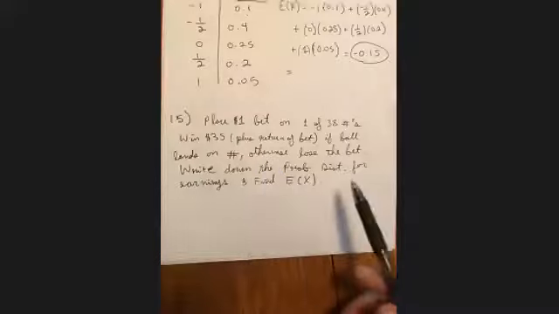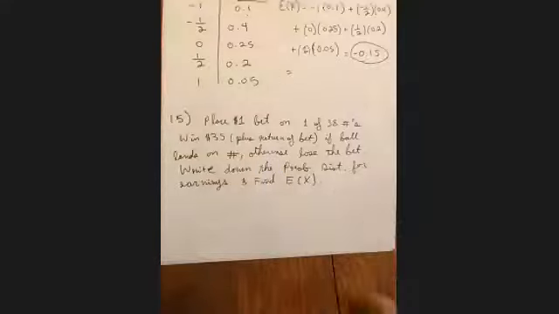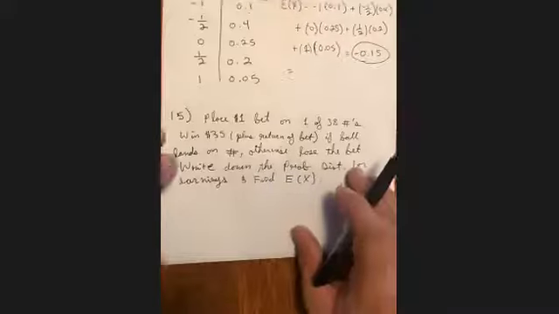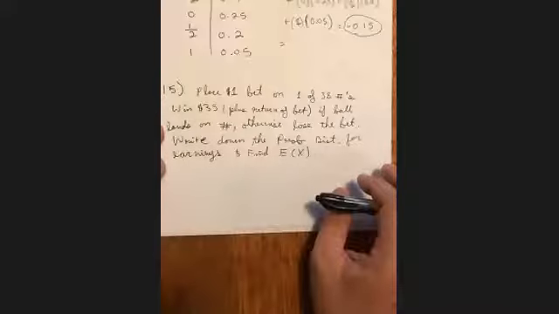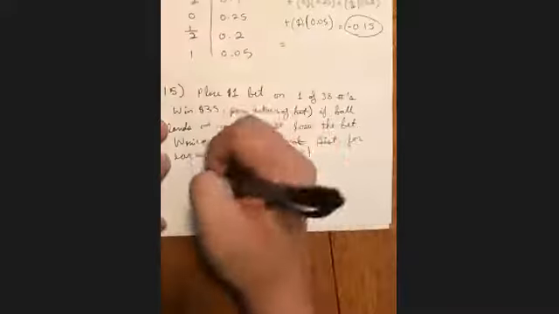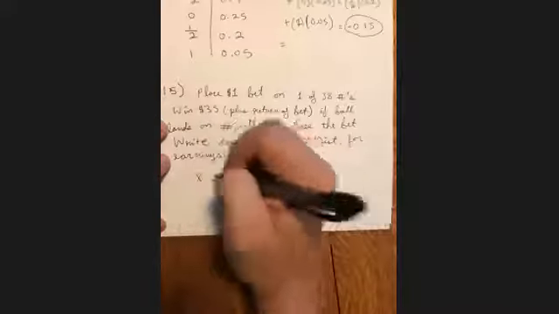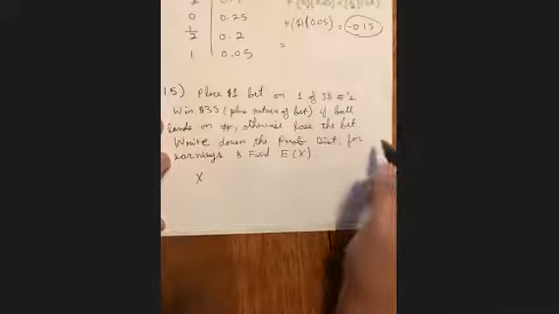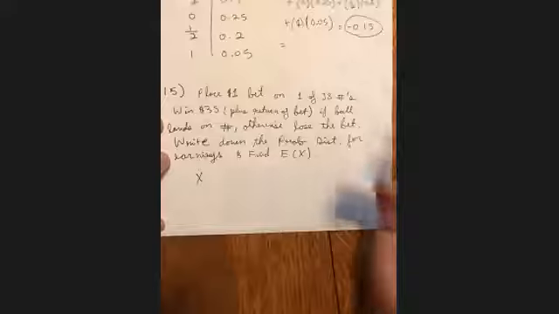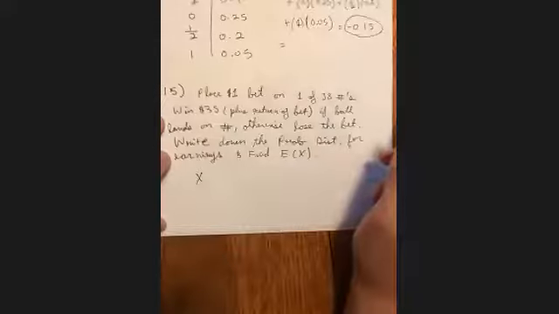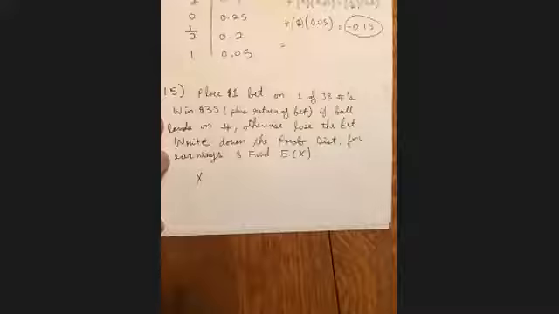So we want to write down the probability distribution for the earnings that you could make. There's a lot of ways that we could write this down. The random variable will be simply x equals, if you want to think about how to define the random variable, x takes on the value of whatever the ball lands on in the game of roulette.